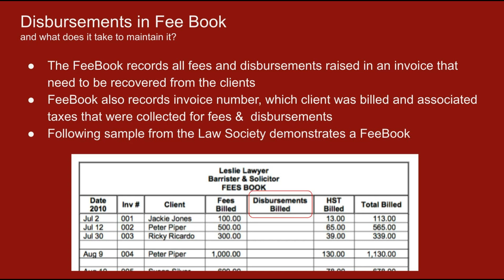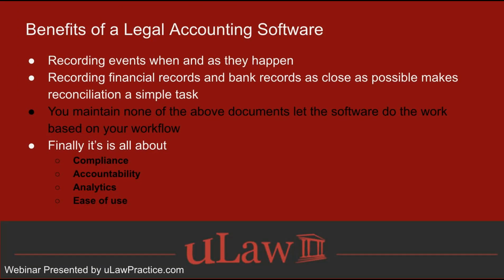If there's any fee billed or disbursement billed and the HST part, everything is seen here. So it records all fees and disbursements raised in an invoice, with the details of the invoice number, what the total of the bill is, whether there's an HST portion or not, etc.